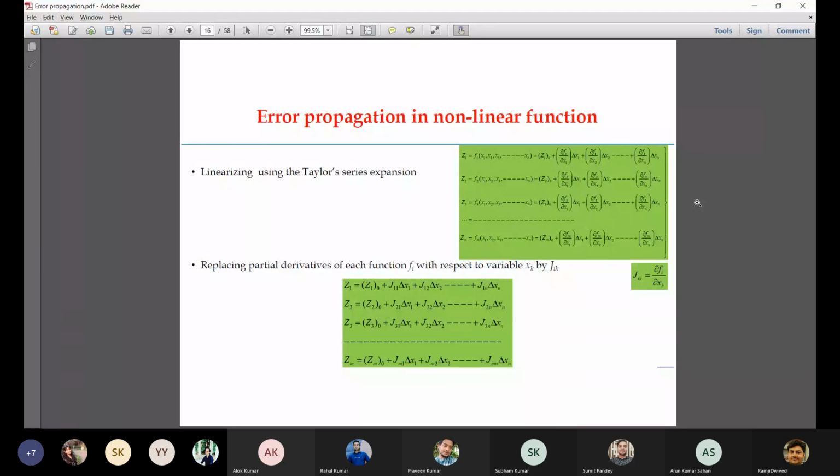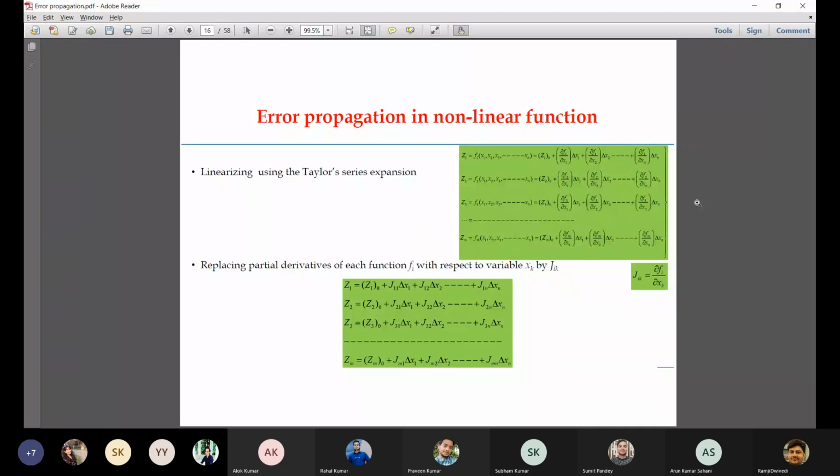You need to tell me mu Z1 as well as sigma Z1 squared, or variance of Z1. Then mu Z2 and variance of Z2, then mu Z3 and variance of Z3, or sigma Z3 squared.